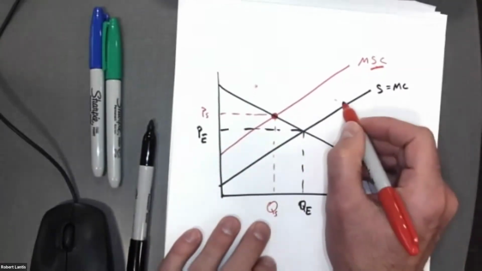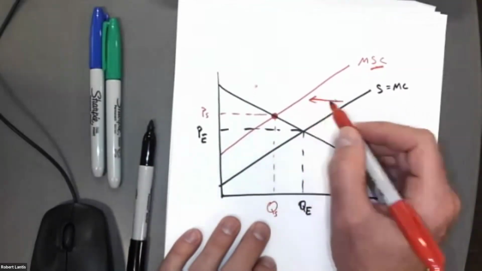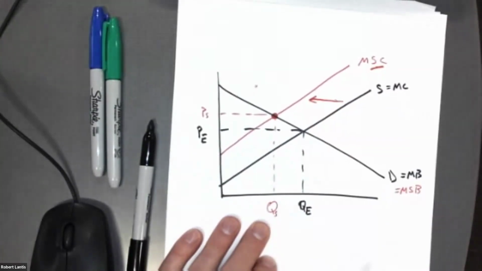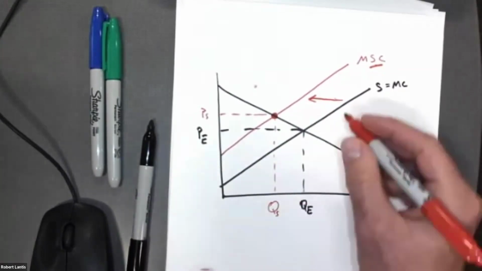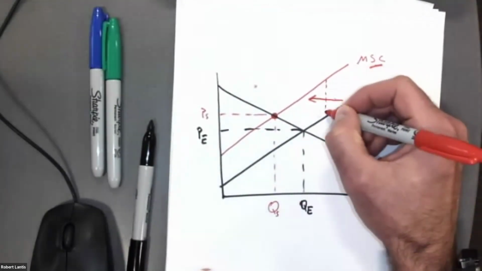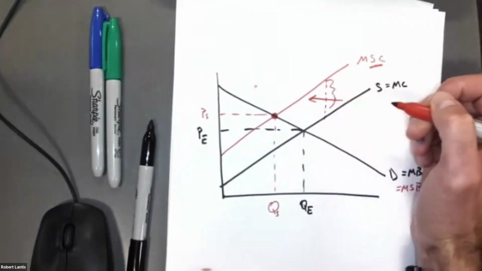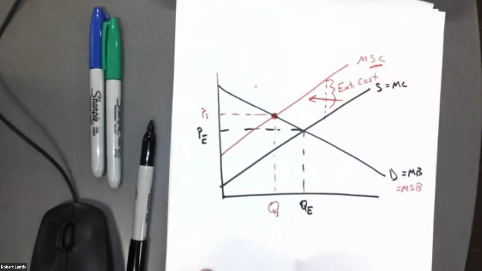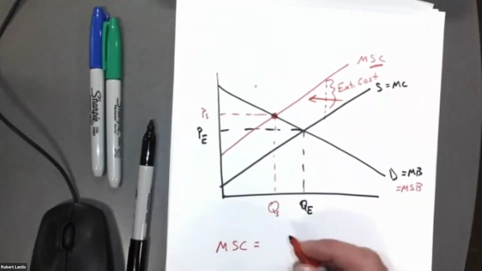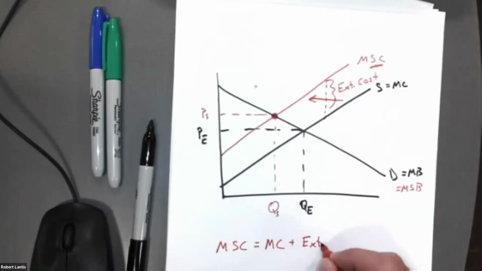How can I push this supply curve so that it exactly matches up with society's costs? Well, what's the difference between the supply curve and my marginal social costs? The value of that external cost. So my marginal social cost, I can rewrite as the private marginal cost plus the external cost. Okay.